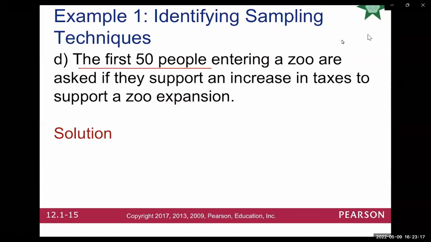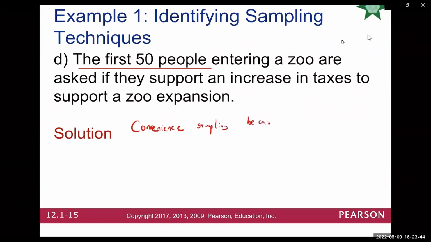So it's convenient. It's like, just get the first 50 people and be done. Yeah, it is convenience because they're just taking the very first 50 people that show up. They're not doing every 10th, or systematic, or random. They're just taking whoever comes first, that's the most convenient. So definitely convenience sampling.